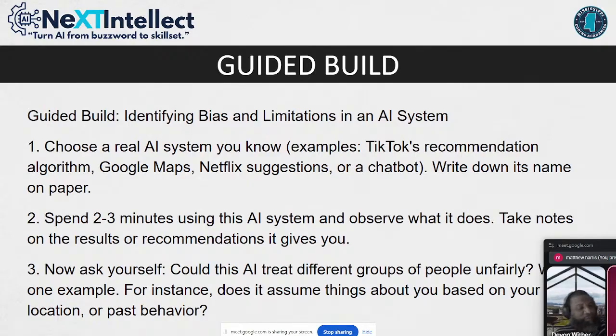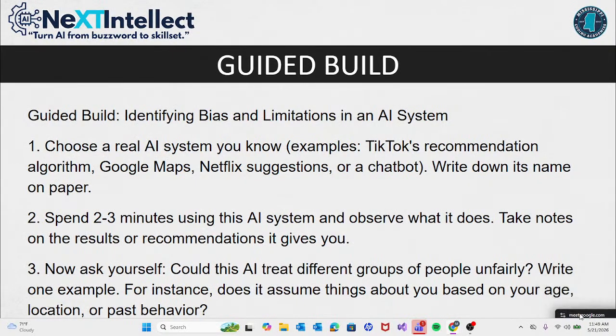Take notes on the results or recommendations that it gives you, and then ask yourself, could this AI treat different groups of people unfairly? And write one example.